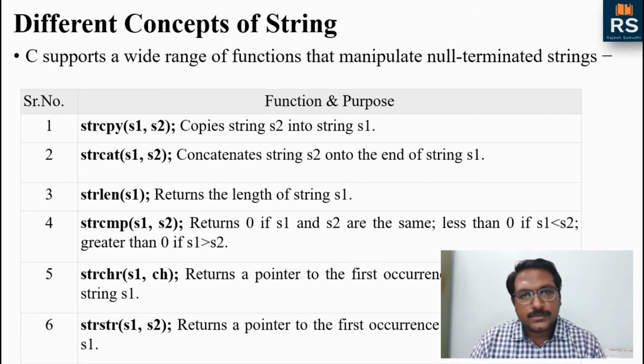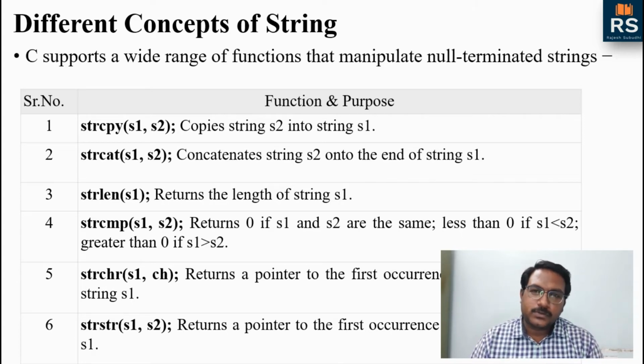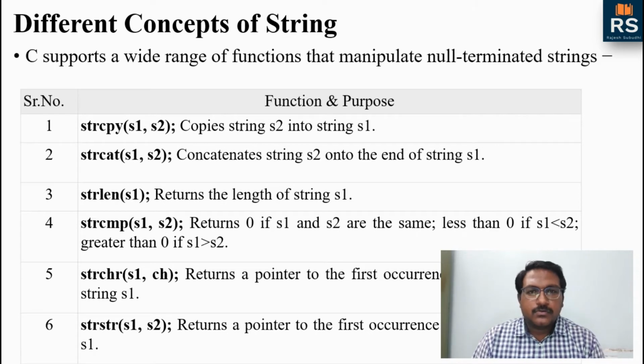Whenever you do strcat(s1, s2), it concatenates string s2 onto the end of string s1. That is, where string s1 ends, from that position onwards string s2 will be added.